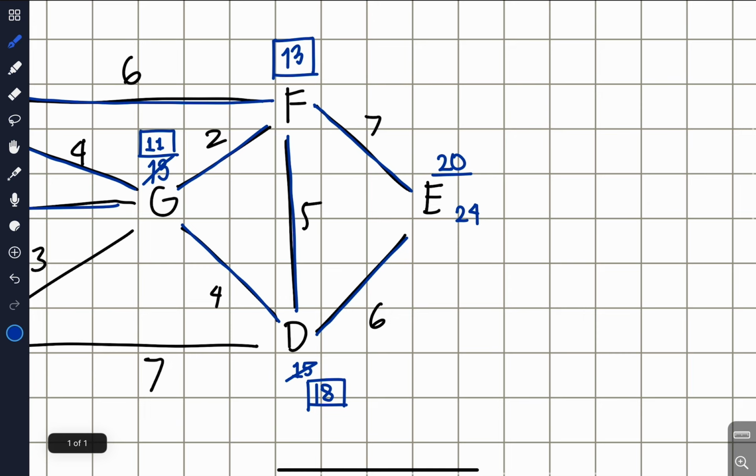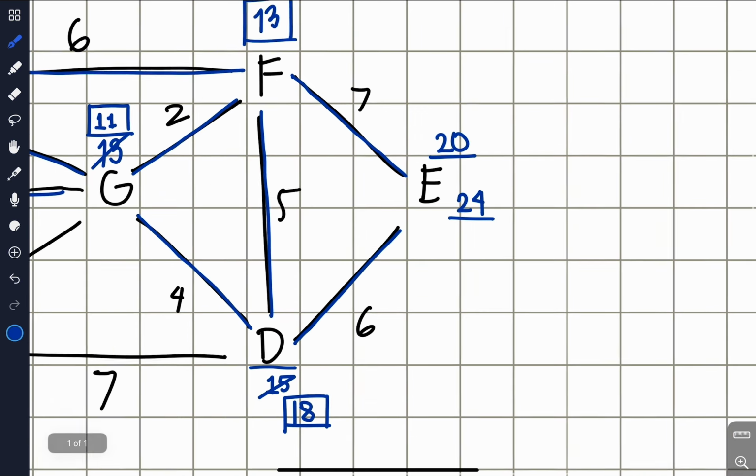If you choose to go from point D, you'll have 24. So we can see that 20 is much smaller than the distance of 24.